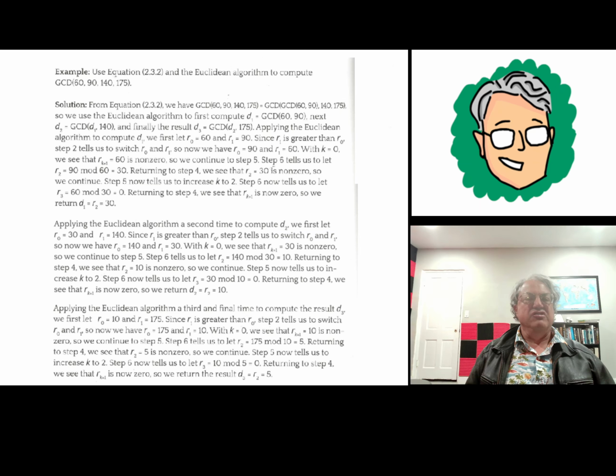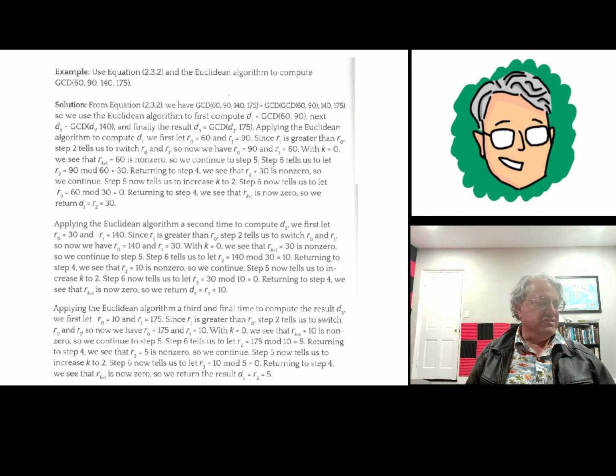You always start with the larger number first. So you take the GCD of 175 and 140, and you divide 175 by 140. That gives you a quotient of 1, remainder of 35. Then you divide 140 by 35. That gives you a quotient of 4 and a remainder of 0. Therefore, the first GCD is going to be 35.